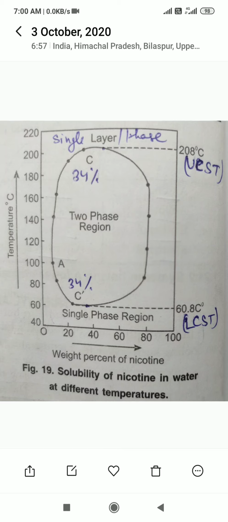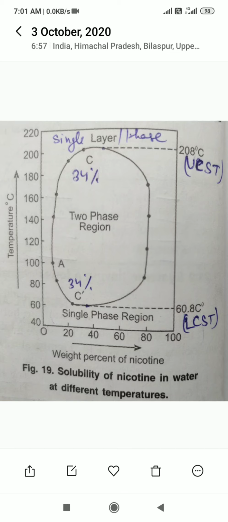Now suppose at room temperature they are existing in the form of two layers, like one of nicotine in water and another of water in nicotine. And as I increase the temperature, the partial solubility or miscibility of the two layers will increase, and at a particular temperature two layers will become completely miscible. So that temperature will be called as upper critical or consolute solution temperature, UCST.